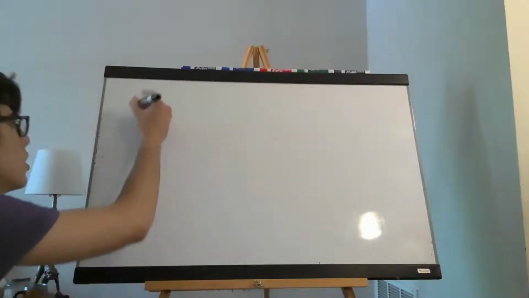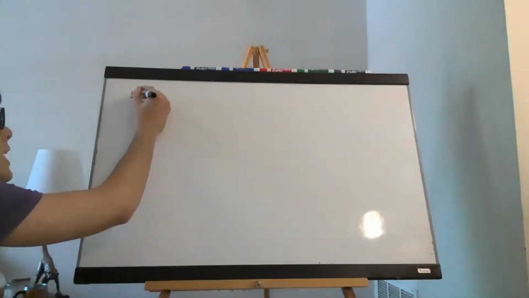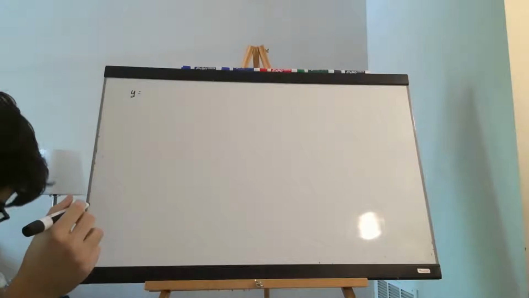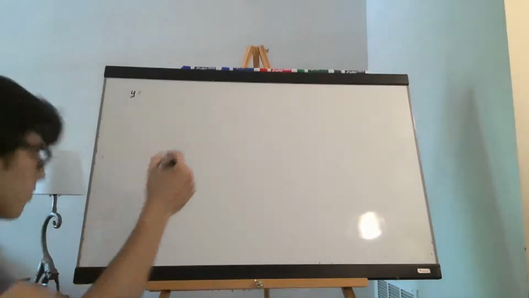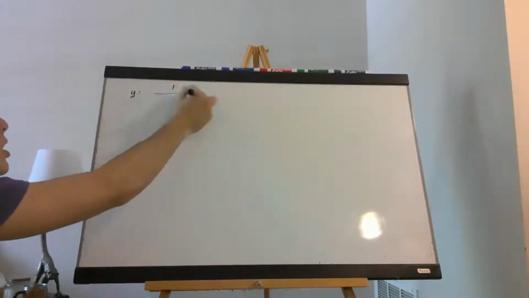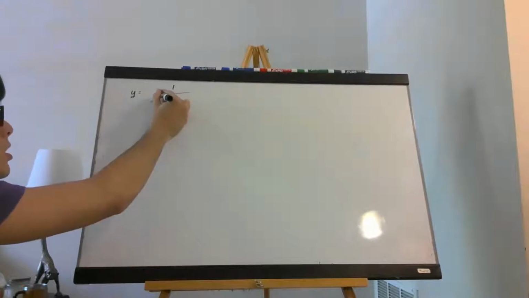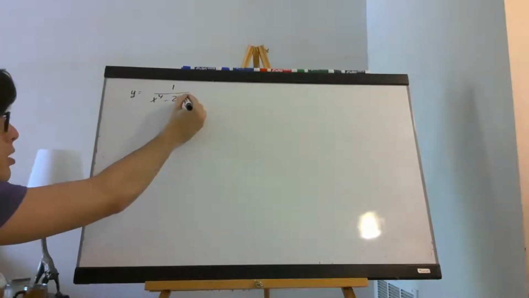All right, well, let's start pretty simple then. So let's start with y equals 1 over x to the fourth minus 2x plus 1.